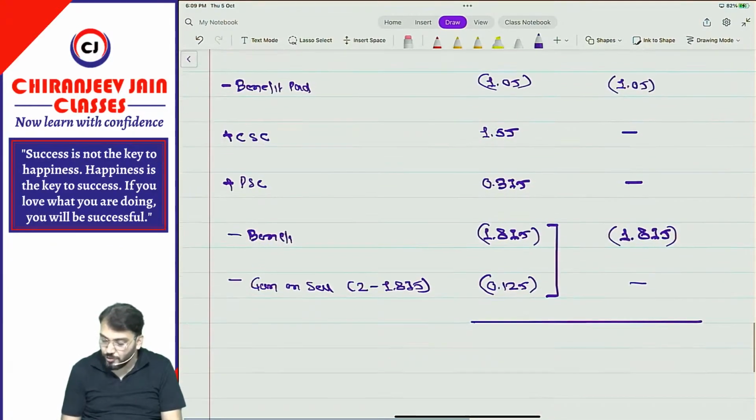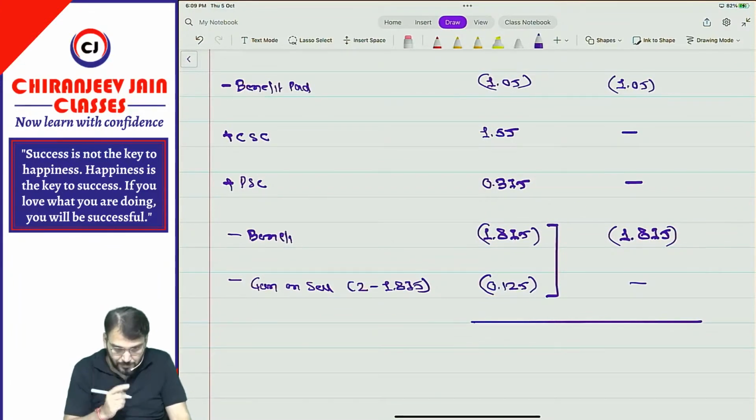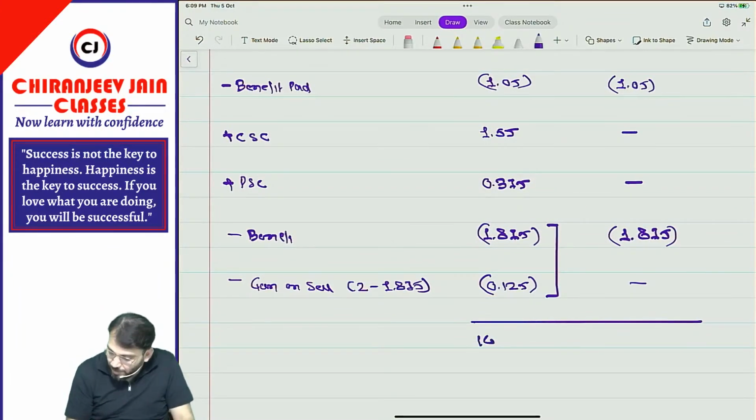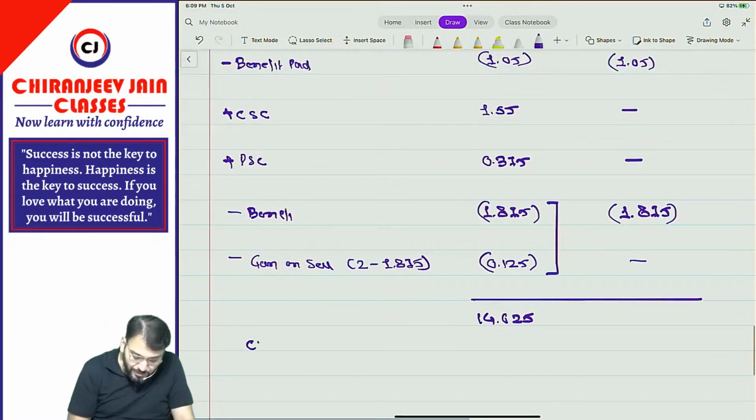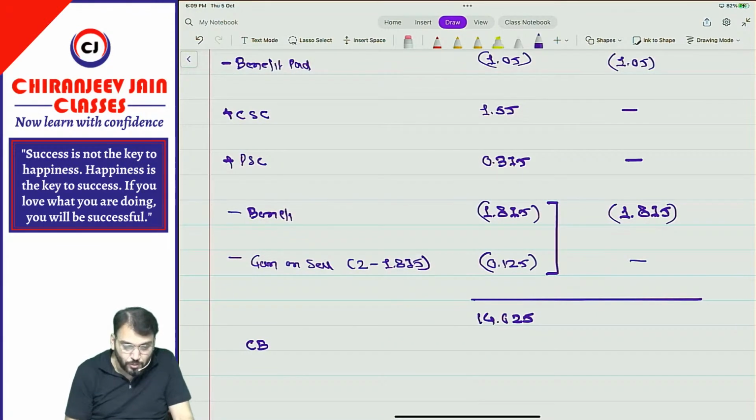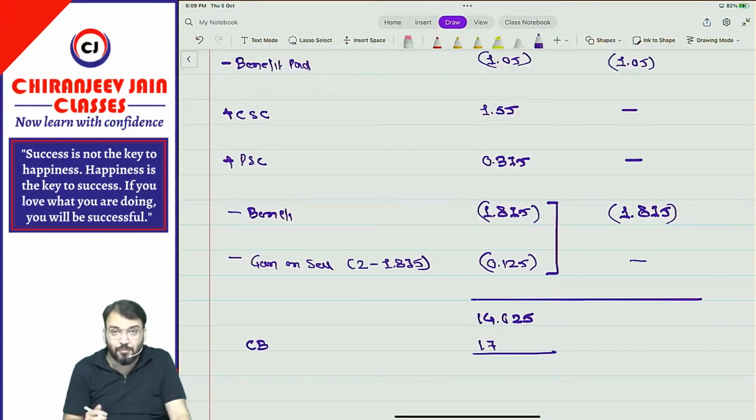This is coming to 14.625. And what is the closing balance given for this? It is 17.